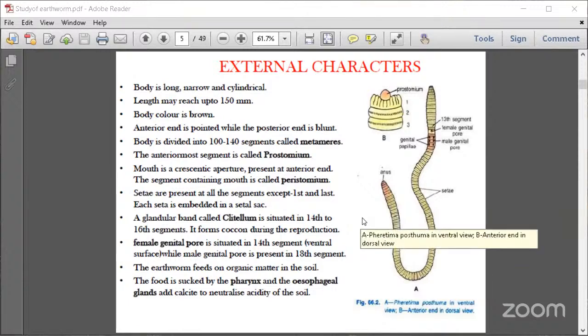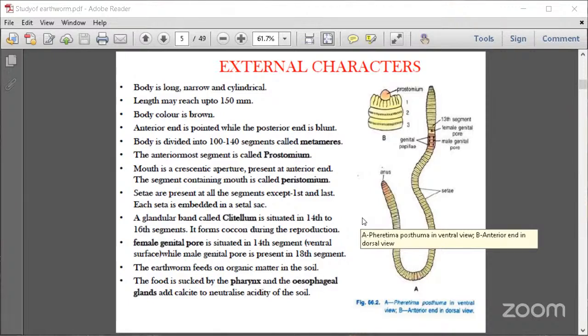The female genital pore is situated on the 14th segment on the ventral surface, while the male genital pore is present on the 18th segment. Here you can see earthworms are called hermaphrodites because the female genital pore is situated in the 14th segment, whereas the male genital pore is situated in the 18th segment.